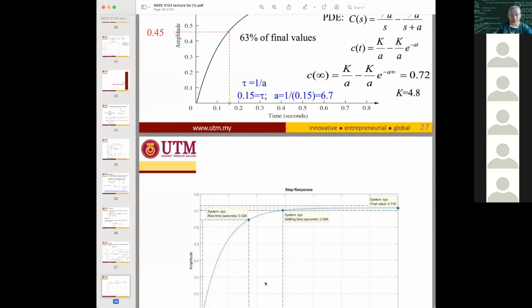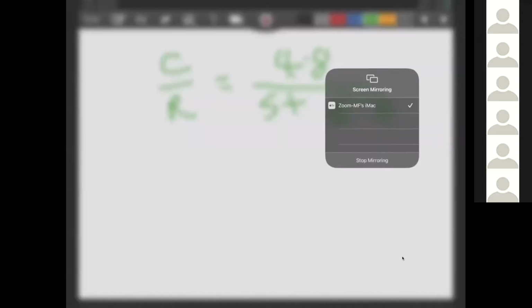How are we going to do it? Make an equation of C and then plot. The problem now is we have the transfer function, not in time domain, but in S domain.